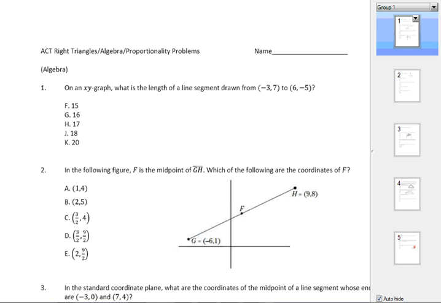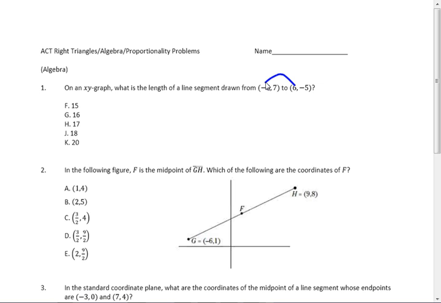I don't do that. It's a right triangle. How far apart are the x's? 9 apart. 9 squared. Don't do 6 minus 3 or minus 3 minus 6 because you do it wrong.